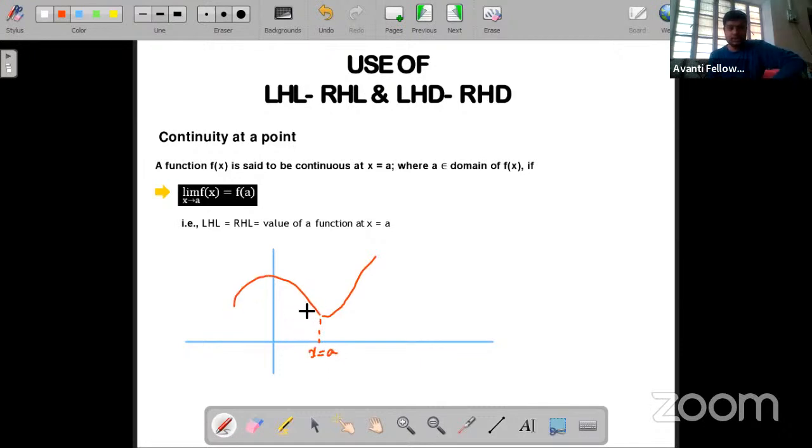Now you will see, and this value we are getting somewhat around L. Okay, so if we are moving from left hand side to this particular point A, means any value which is slightly lesser than A. So what does that mean? Left hand limit. If that value is a finite value, let's say we are getting L, approximate we are getting L. Again, we'll check from right hand side.